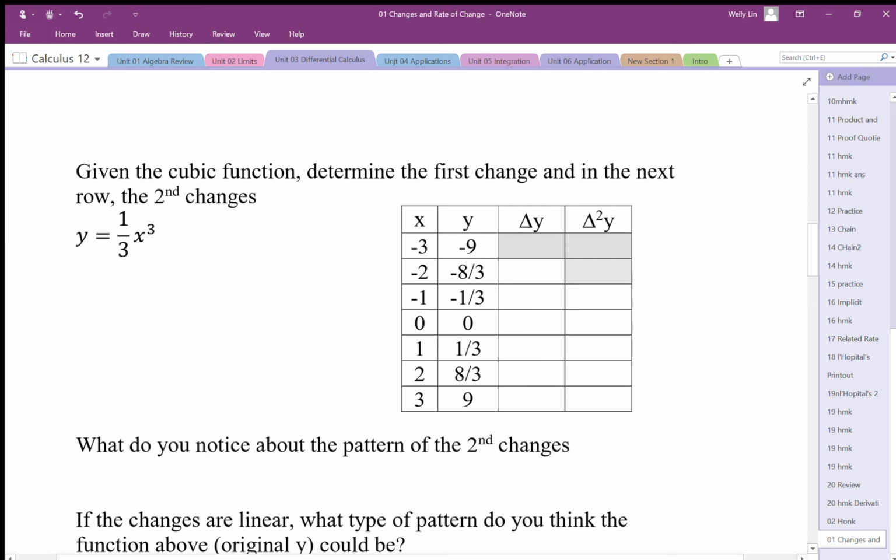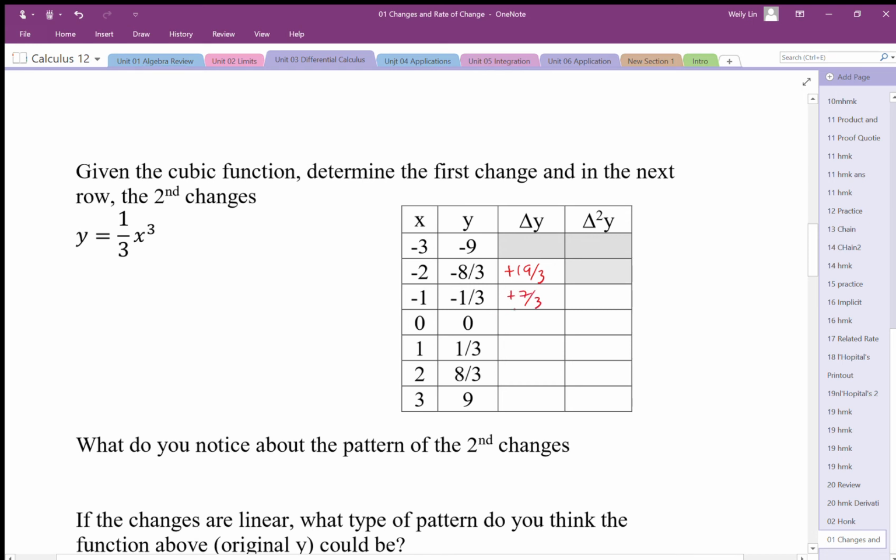When I look at the first changes of the y values, from -9 to -8/3, so that's -27/3 to -8/3, we've gone plus 19/3. I've done my math right. And from -8/3 to -1/3, I've gone plus 7/3.